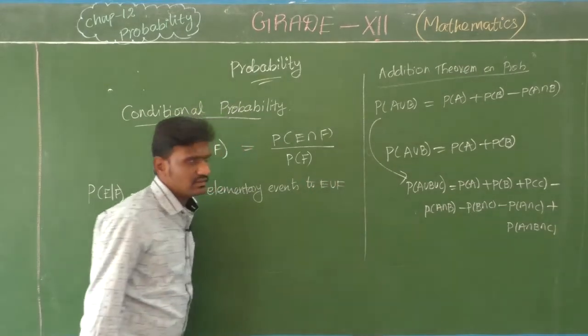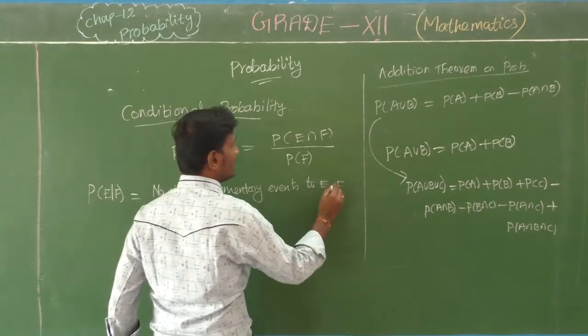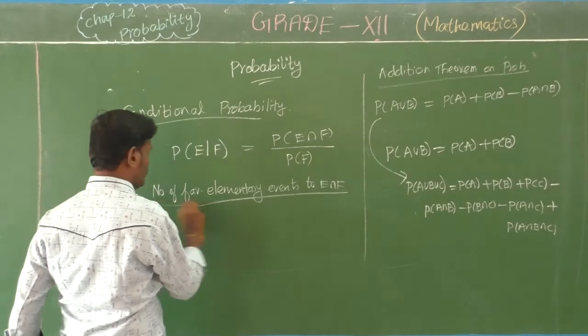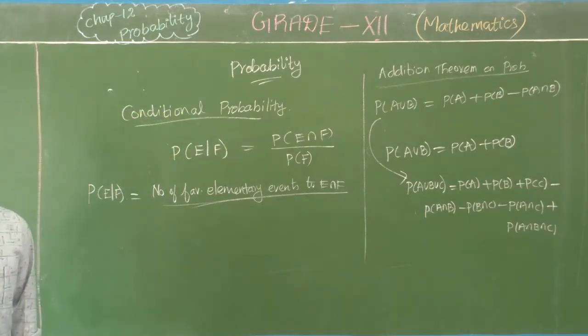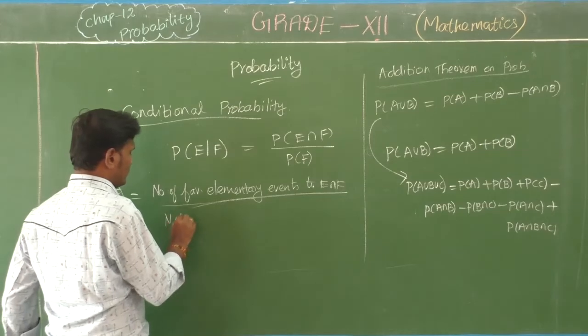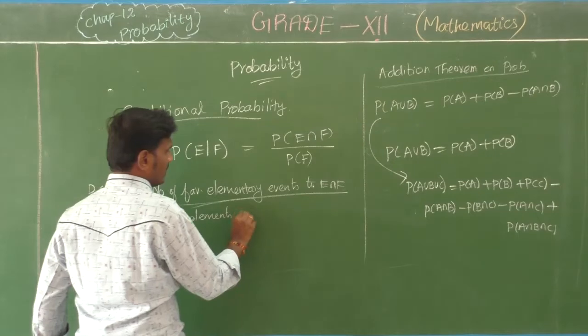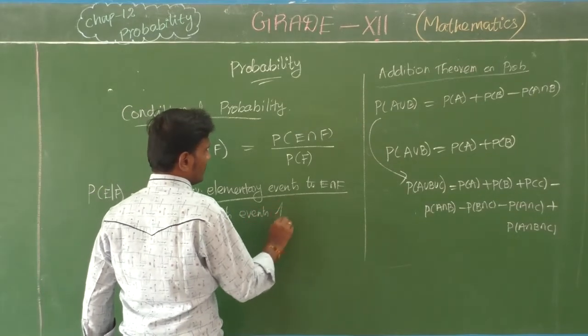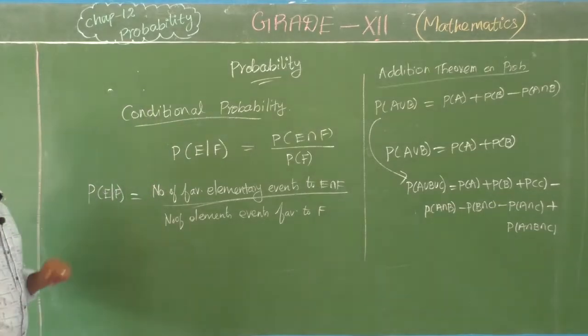the two events, E intersection F, the whole divided by the number of elementary events favorable to F. Have you got it, children?